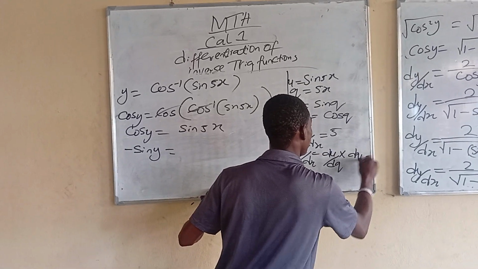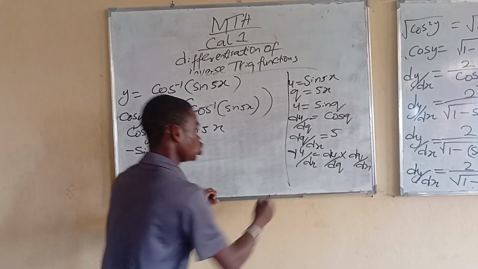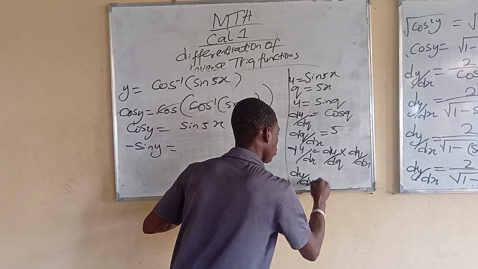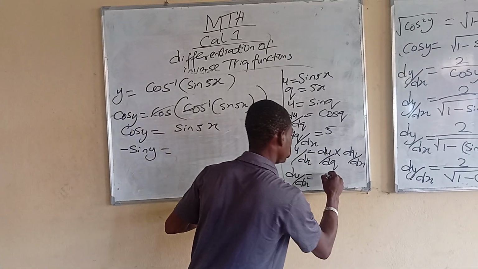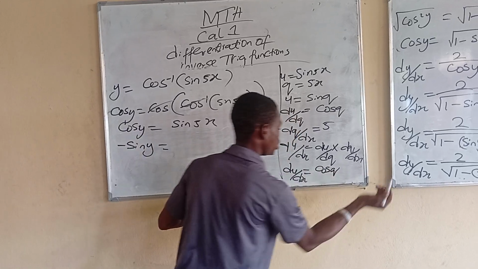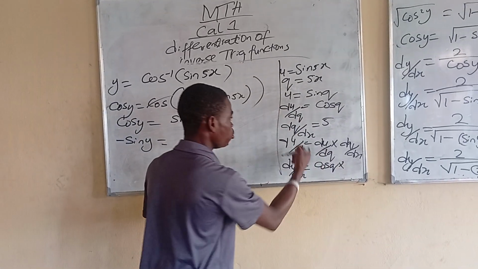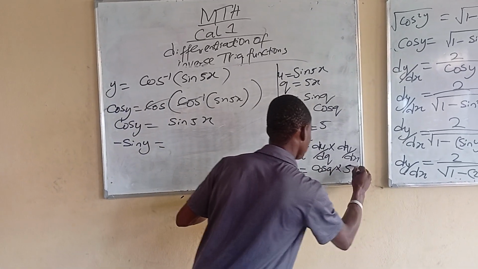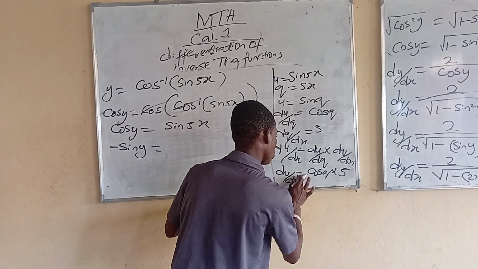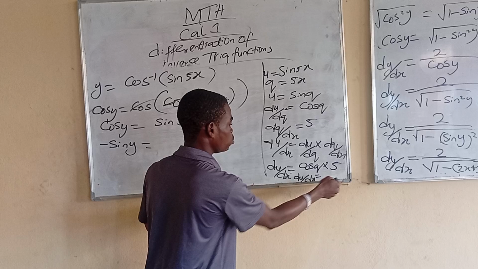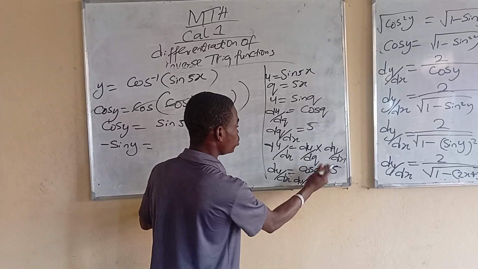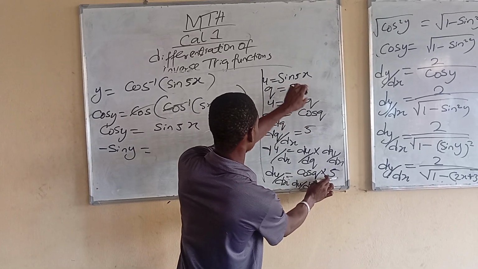times dq over dx. So that your du over dx will be equal to what? Now du over dq is what? Cos q, right? Cos q times dq over dx is what? Times 5. So now you get your du over dx equals cos q, and now your q is just 5x.